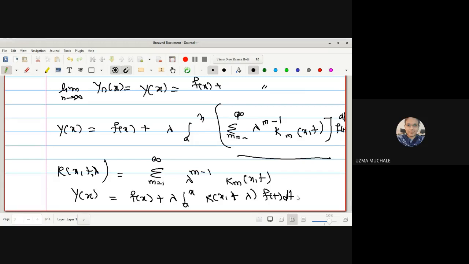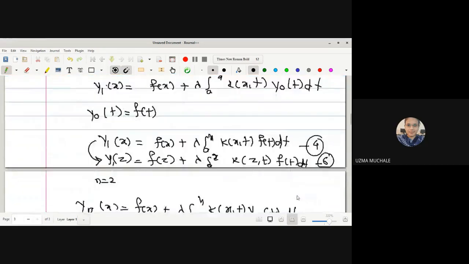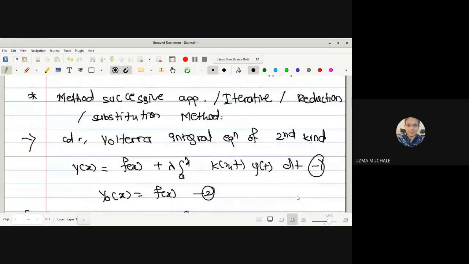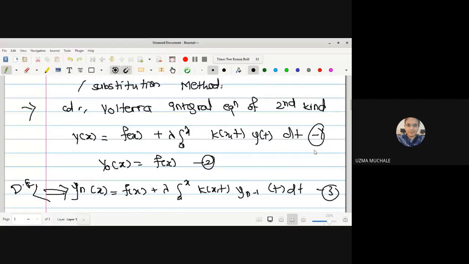Okay, so let us see what we have done one by one. We started with the Volterra integral equation of the second kind. This is called the successive approximation method, in which first we put up this y naught. If you remember the successive approximation method, you know how to use it.